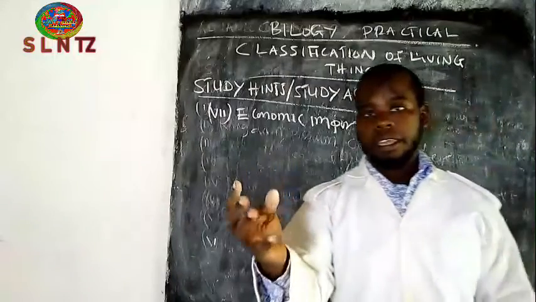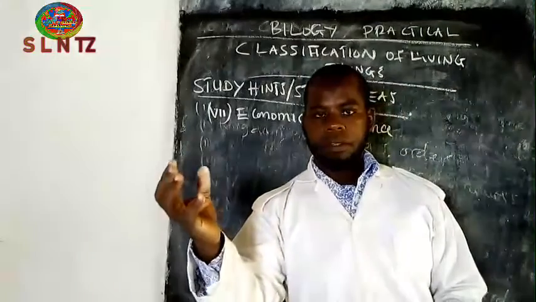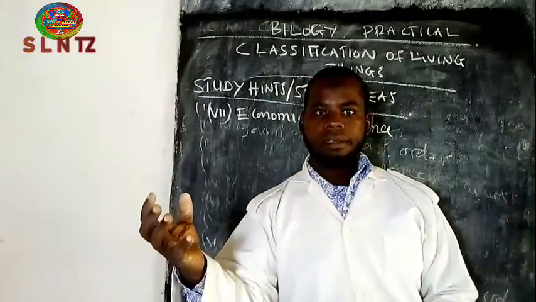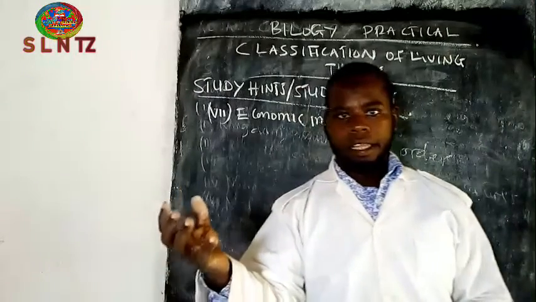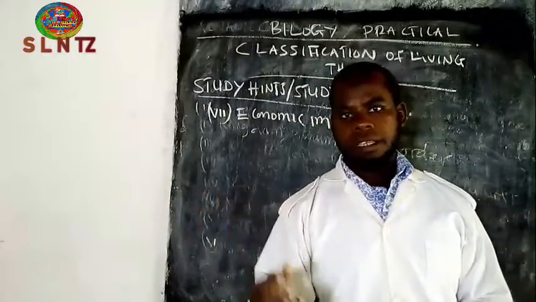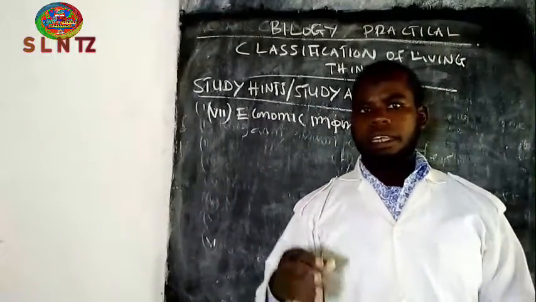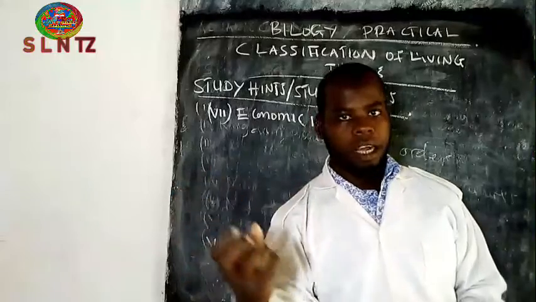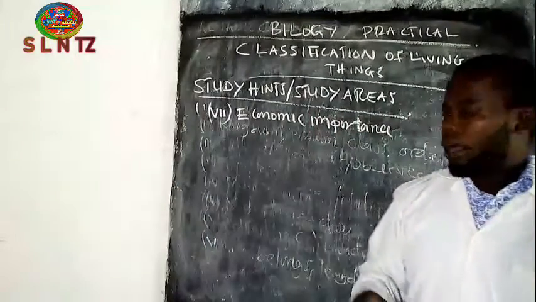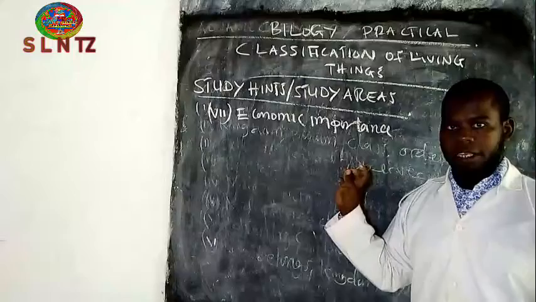Let's say honeybee: usually it makes honey, yes, but it has a disadvantage, it has a poisonous sting. So you have to understand the economic importance.